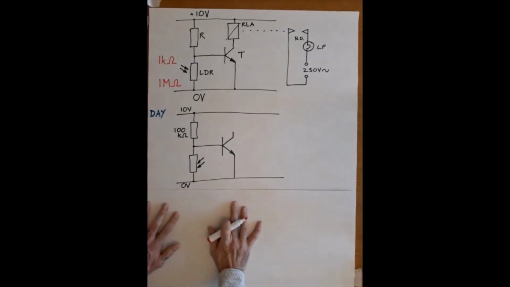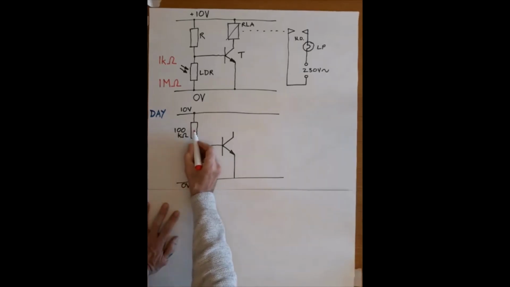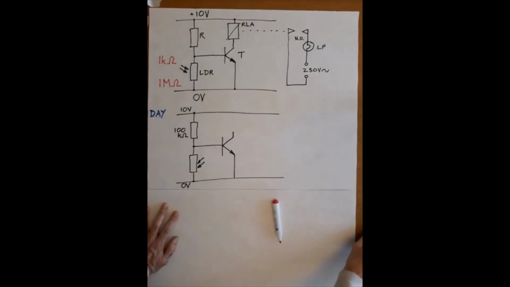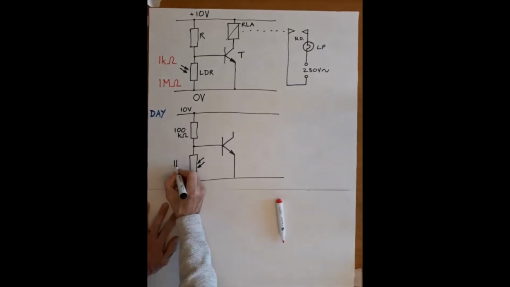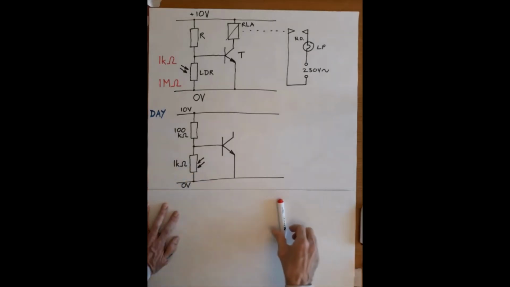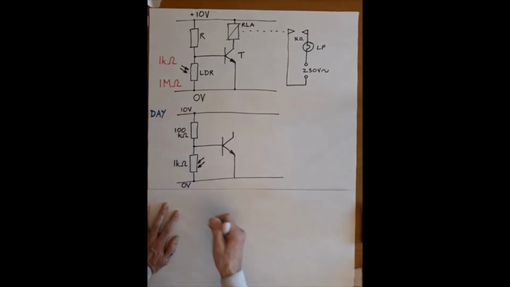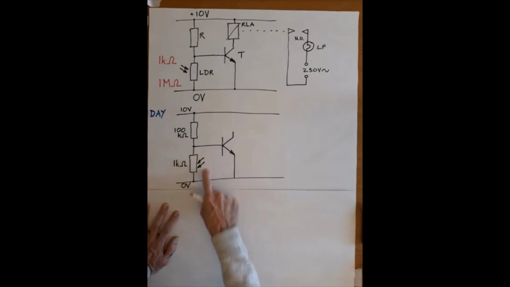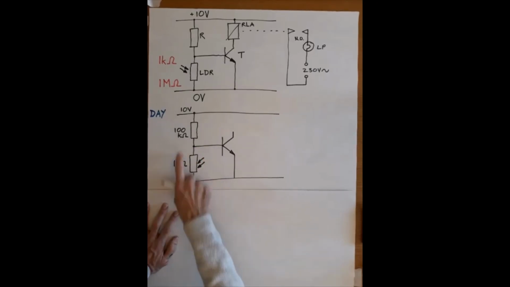Right, so during the daytime, I've put a 100 kilo ohm resistor here, and if you think about what I'd said previously, we're probably going to have 1 kilo ohm here in bright light. So using some simple figures, and this is just why I chose the 10 volts, very, very roughly, we're going to have 1/100th of the supply voltage across here. It's not strictly 100th.